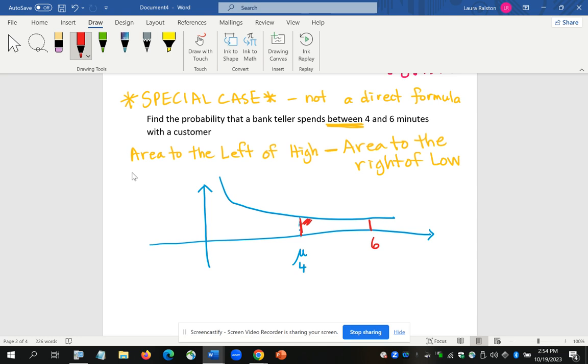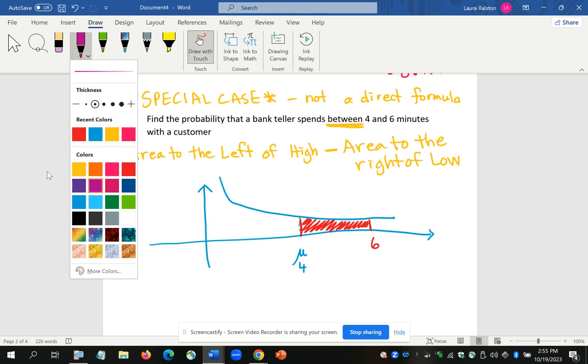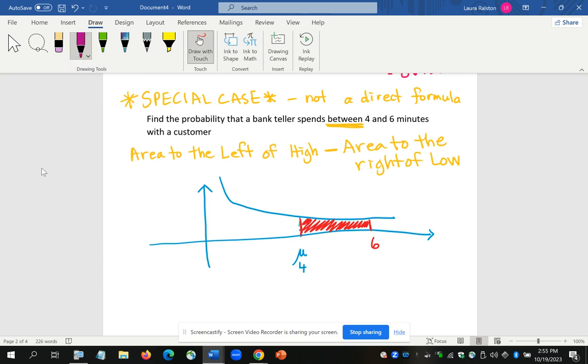So I need this region right here. If I calculate, and I'll color code it here, the area to the left of 6, that would be this region here in the purple.